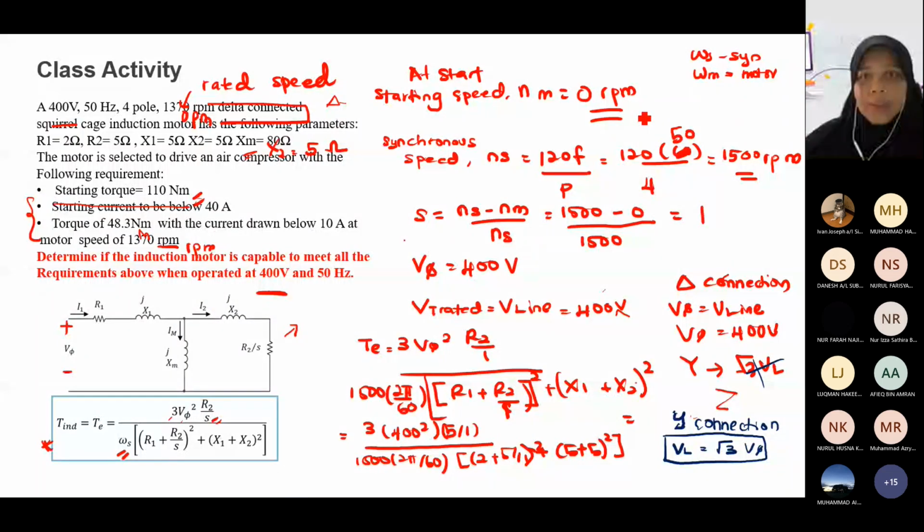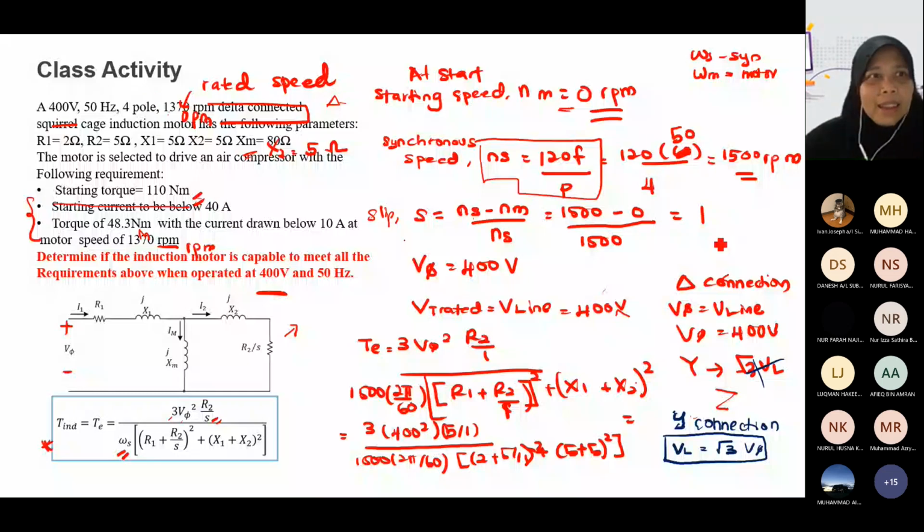So this is the synchronous speed. And in order to calculate the slip, this is the calculation: synchronous speed minus the motor speed, over synchronous speed. At starting the motor speed is 0, and the slip is equal to 1. V phase equal to 400 because it is delta connected.